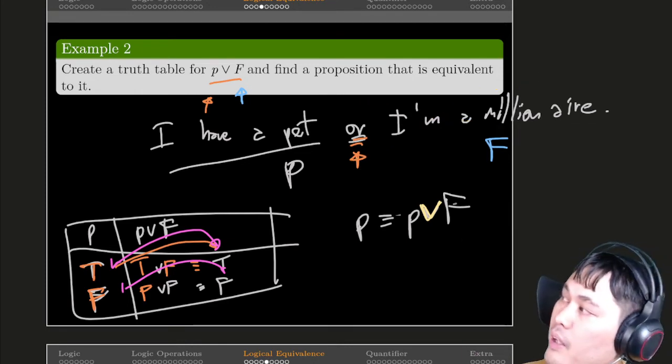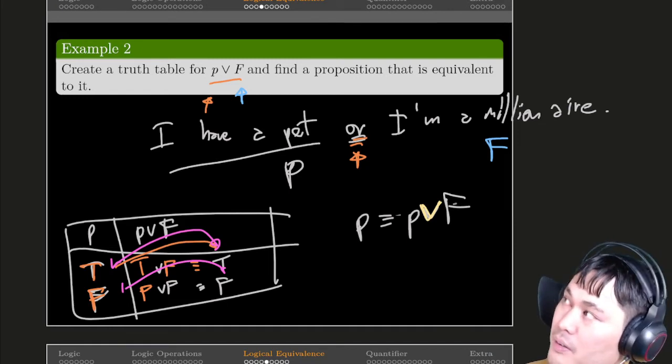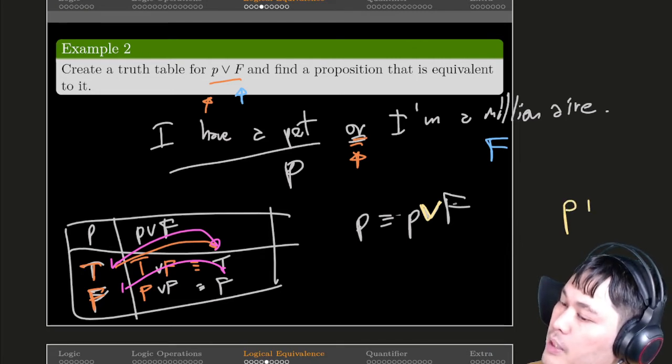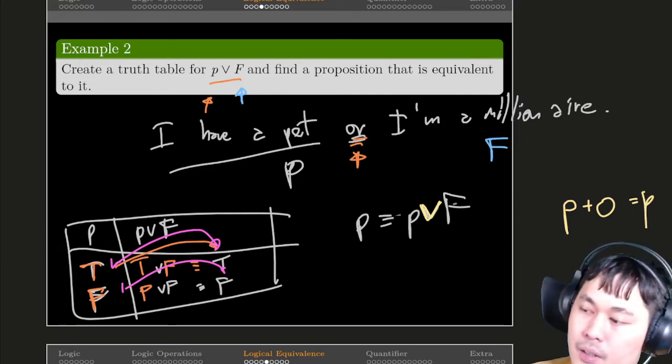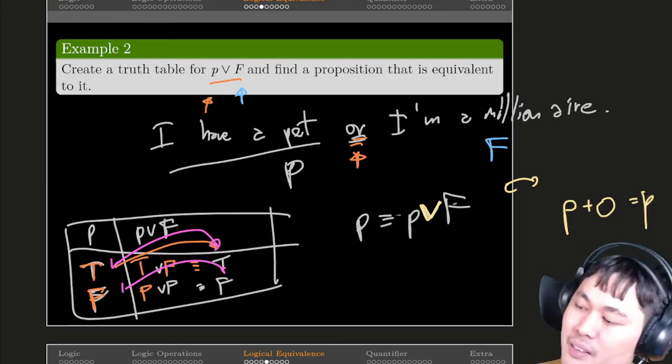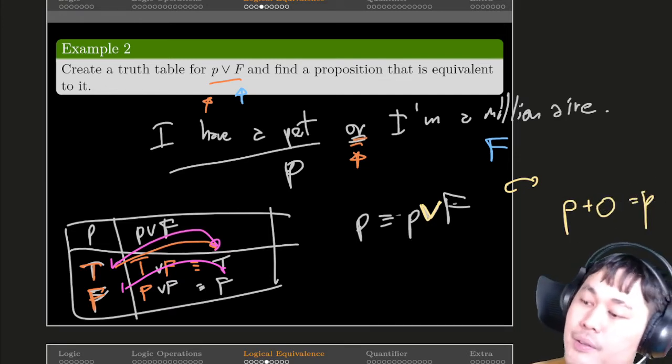And if you know algebra, this is equivalent to P plus 0 giving you P. It's somewhat equivalent, just in case you know that. Adding 0 doesn't change the value.